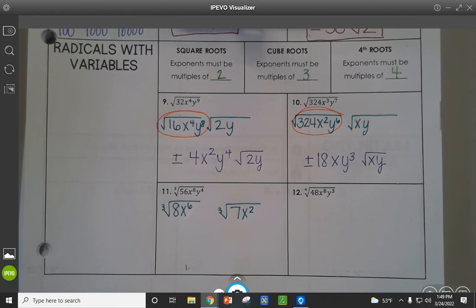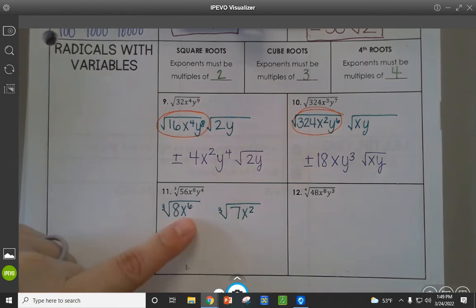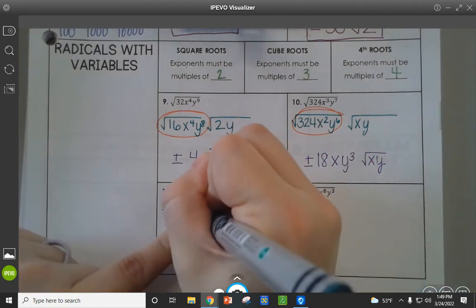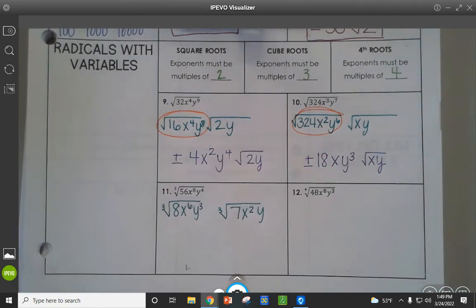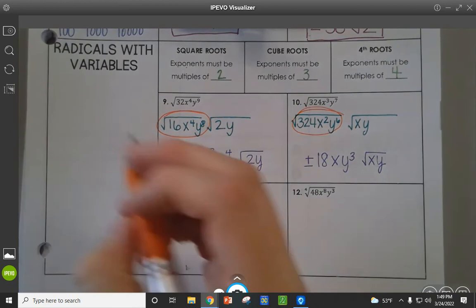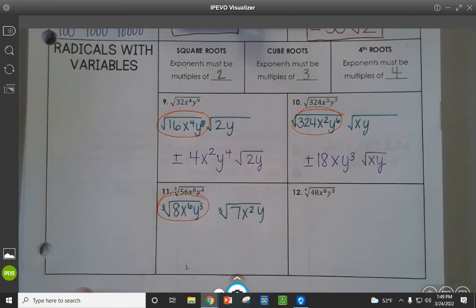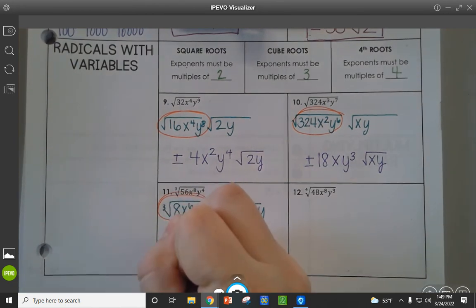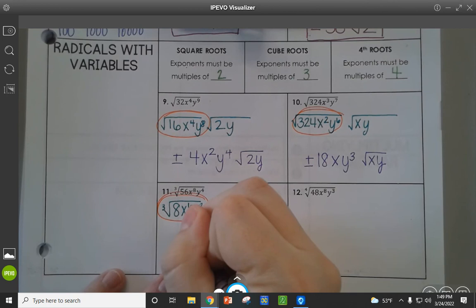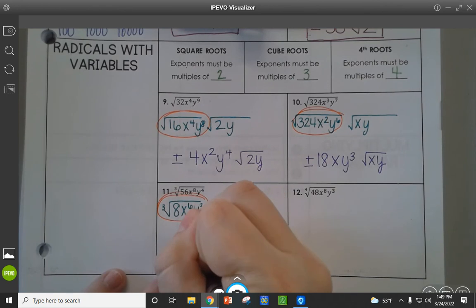You want to move out only as few as you can. What about y's? How many do I need to move out? 1 of them, leaving me with y to the 3rd. So what's the cube root of 8? 2. Cube root of x to the 6th? X squared.